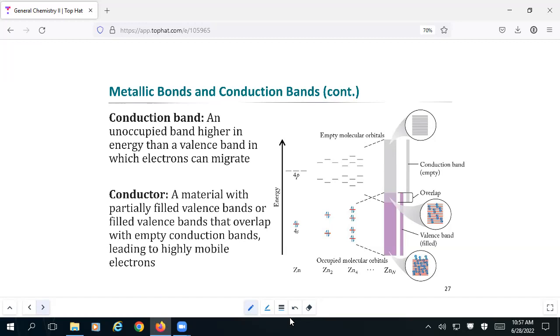If those two bands are continuous, if they run into each other, if there is overlap between them, then we will see conductivity, at least in terms of electricity. That is what sets apart a conductor from a non-conductor: this overlap of those valence and conduction bands.